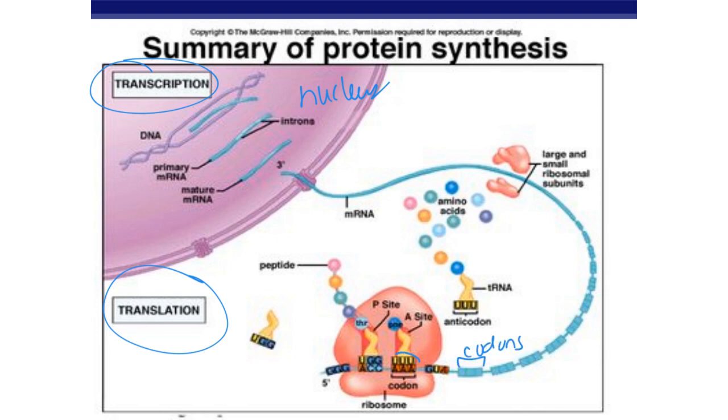Those codons are telling the tRNA which amino acid to bring over. The ribosome is helping form those peptide bonds between the amino acids. So I end up with this long chain of amino acids, which becomes a polypeptide folded into the particular protein, which will then actually show up as the different traits and the different characteristics.